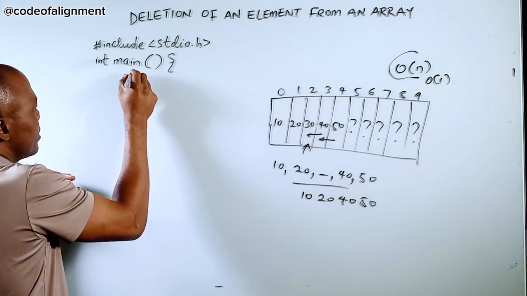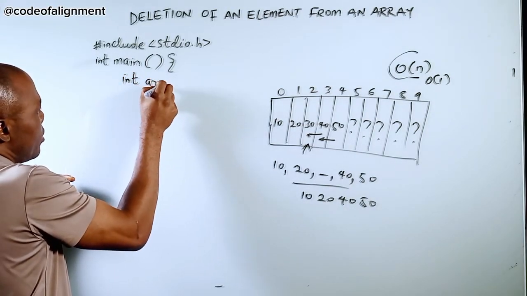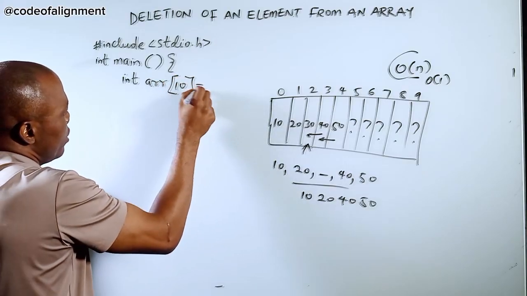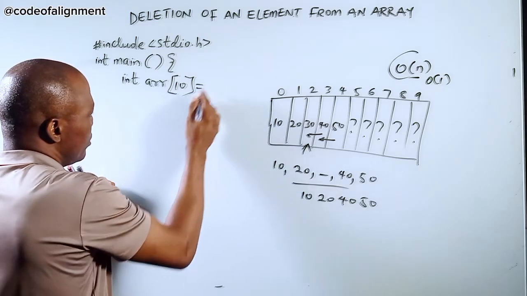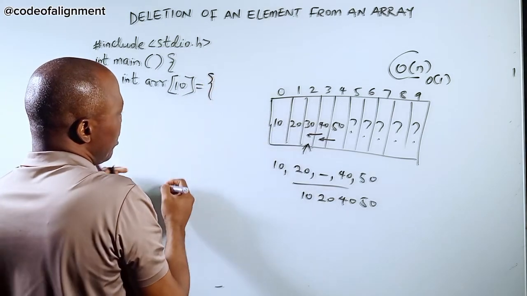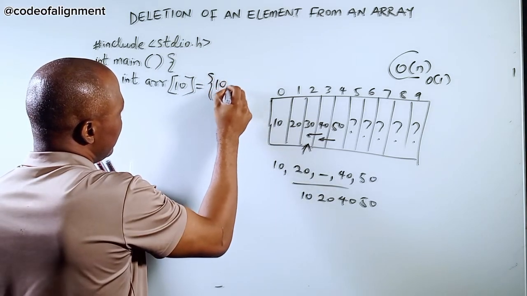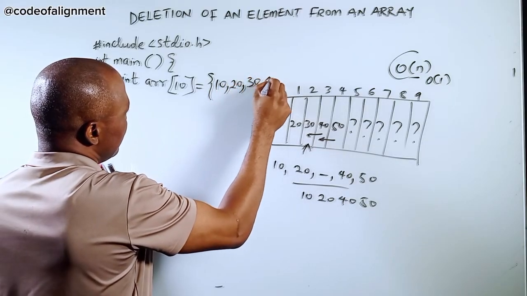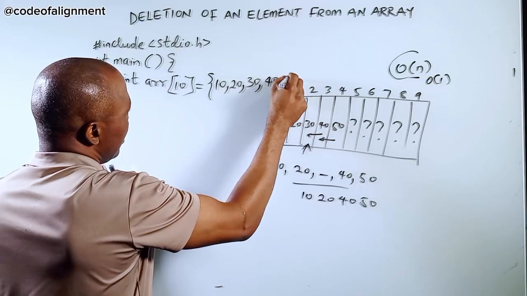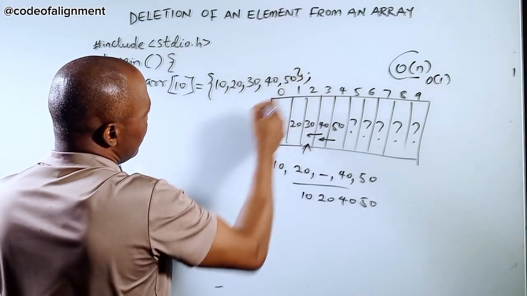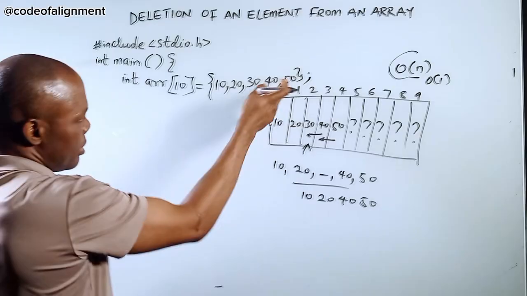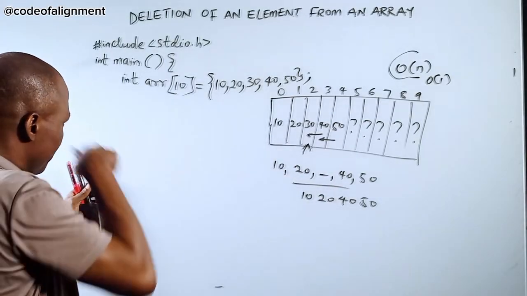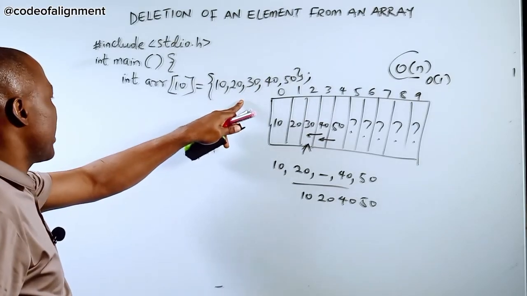So int, let's call it r, then 10. So I want to initialize it. So to initialize it, I will do my curly bracket, 10, 20, 30, 40, and 50, right? So that is initialization. I don't want to clean this. I want to use it to explain. So this is me declaring my array.